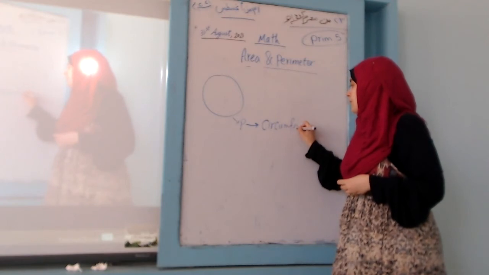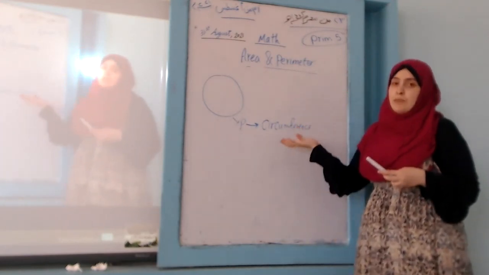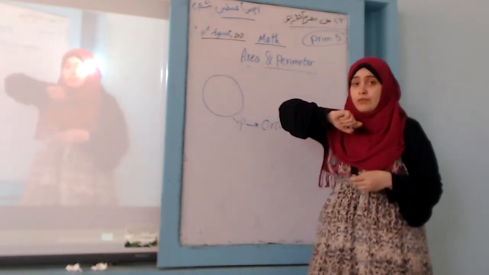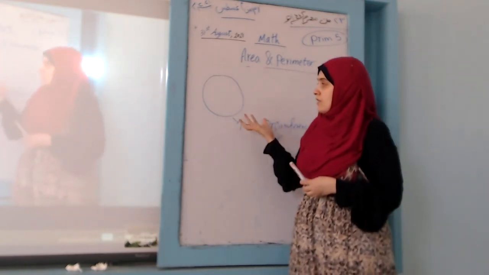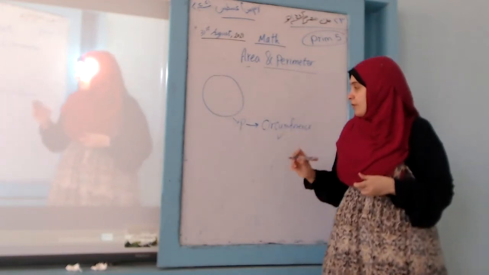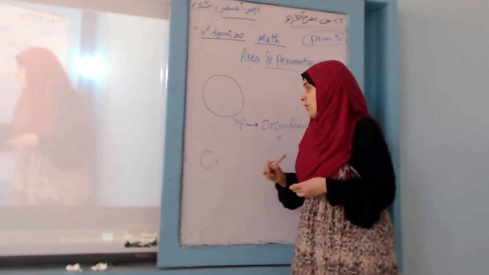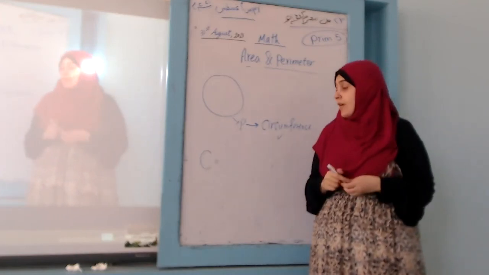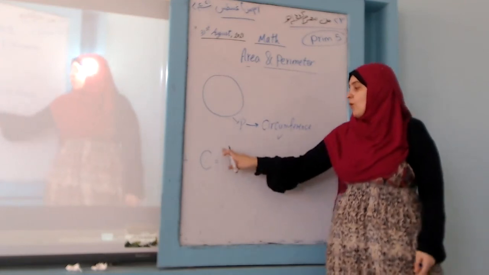If he asks me about the circumference, he is asking me about the perimeter. If I know the length of this curve, I will get the circumference. But how can I get the length? I can't use my ruler. But I have a rule. For any circle, I have an approximation value called pi.